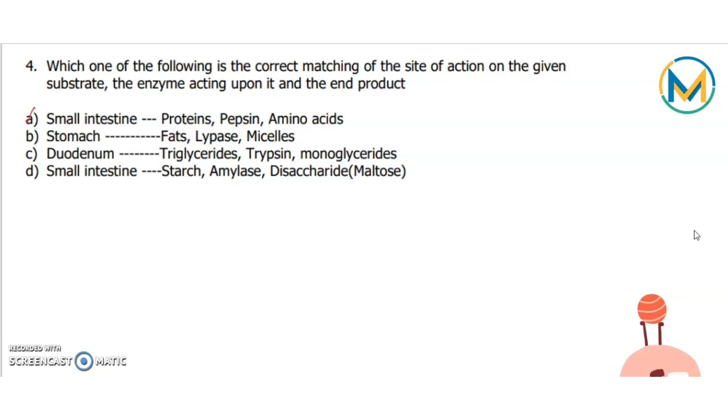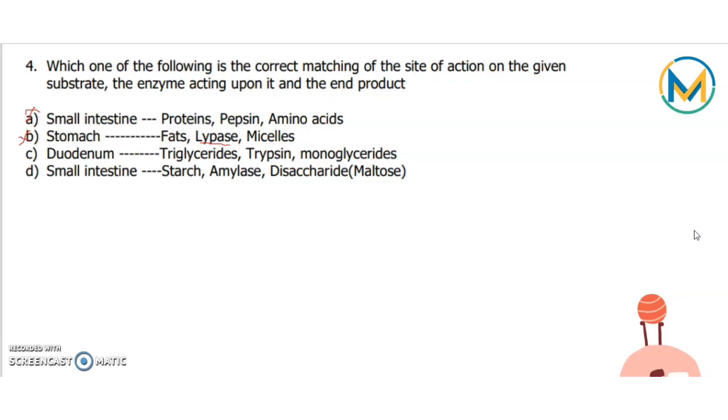So this is not a correct match. Looking option B, that is stomach, which is a site of action, substrate is fat, enzyme acting is lipase, and the end product is micelle. Now here, this enzyme lipase is released in pancreas and not in the stomach. So this is also not the correct match.